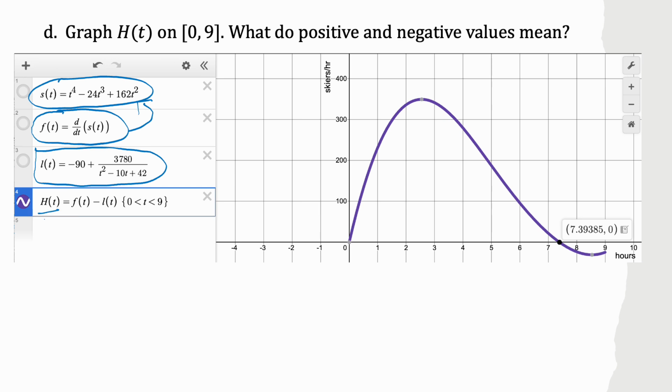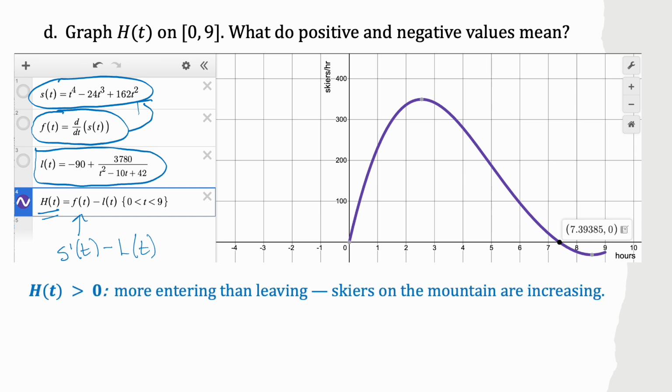And then here I created my net change function, which is S prime of t minus L of t, and then it graphed that net change for me. So I can just look to see whenever that's above the x-axis, there are more skiers entering than leaving. The skiers on the mountain is increasing. So that's all of this stuff, right?